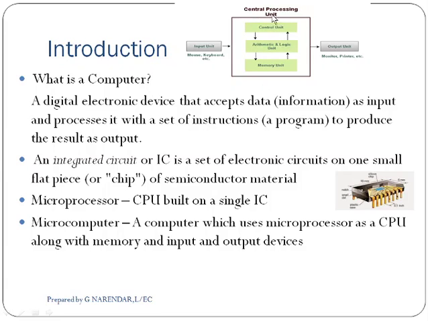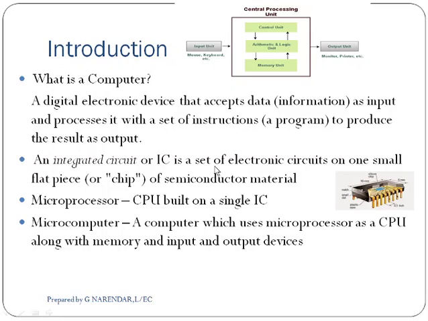But in a so-called microcomputer, this entire CPU, which contains the control unit, arithmetic logic unit, and memory unit, will be on a single IC. You know what an IC is?